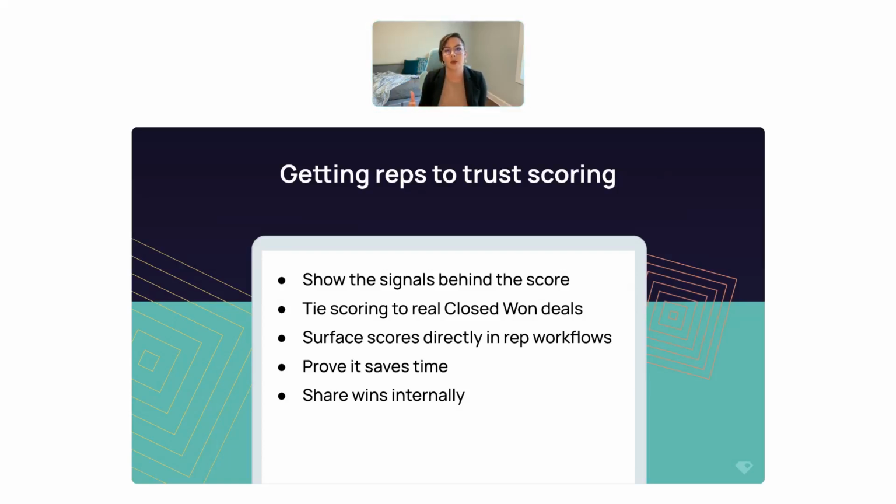Anytime there's a win, the rep takes a screenshot of that Chrome extension I just showed you, so they all get to see from each other and take note themselves. What were the signals going on? What was the score of that account? It just starts to seep in that way. The more they share and are celebrated, the more they're going to trust it. That is what's going to turn it from just an idea or theory into something they're actually going to rely on.